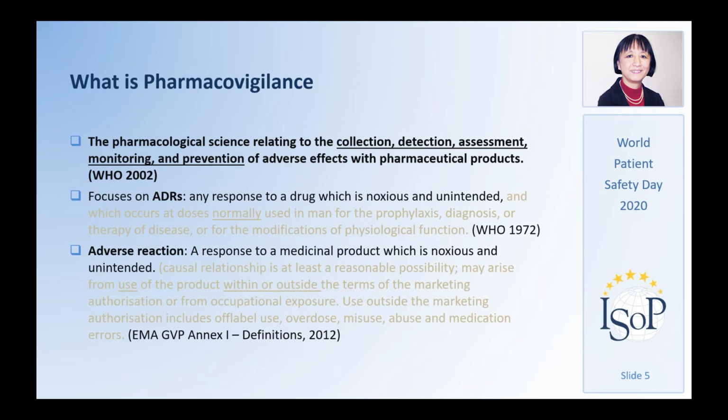It was previously referred to reactions that occur at doses normally used. However, more recently, it also includes reactions that may arise from use outside the terms of marketing authorization, which includes off-label use, overdose, misuse, and medication errors.